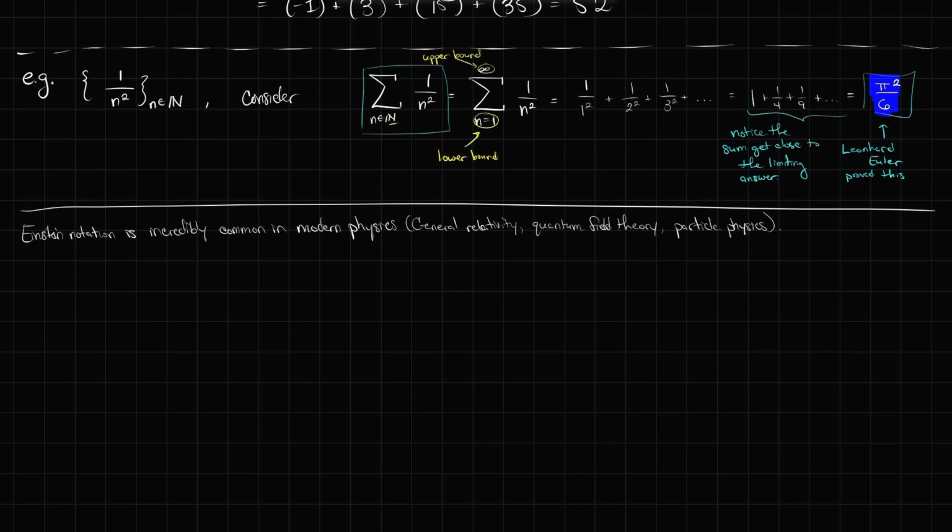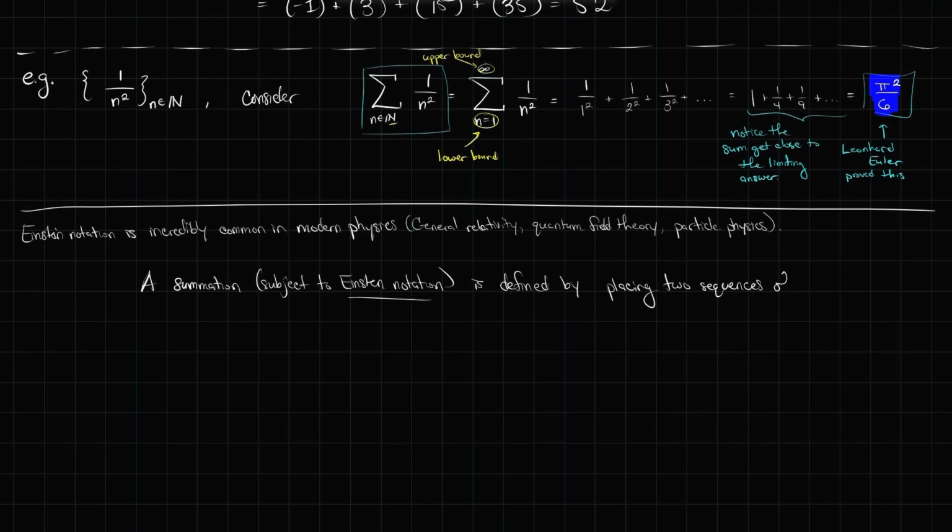Okay, so how does this work? A summation, subject to Einstein notation, is defined by placing two sequences of the same index set.